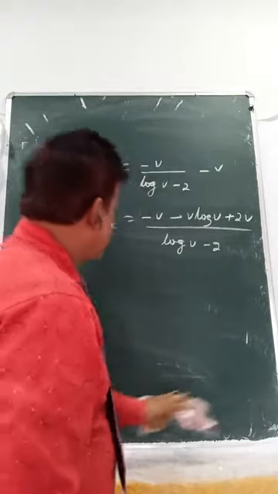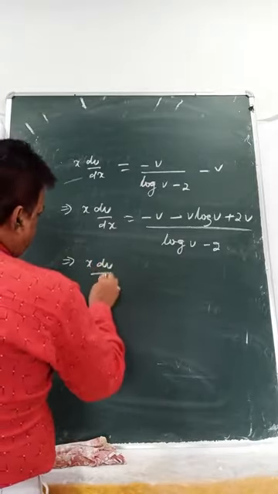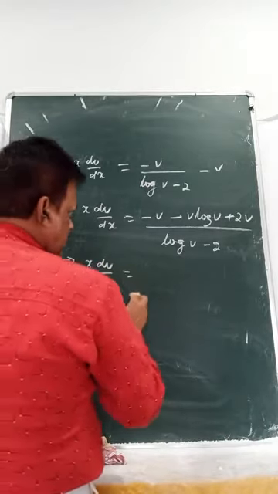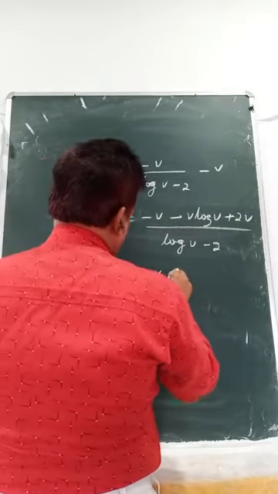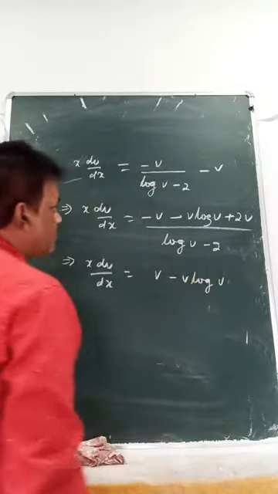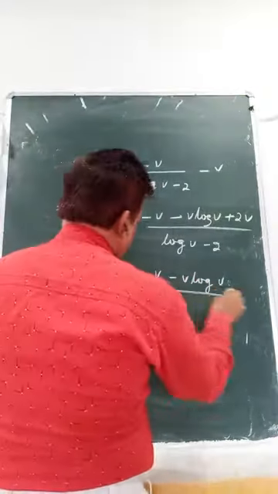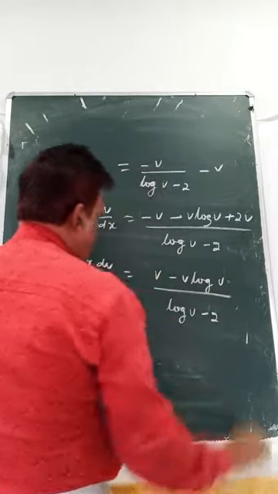So this implies x dv by dx, 2v minus v is v, minus v log v by log v minus 2.